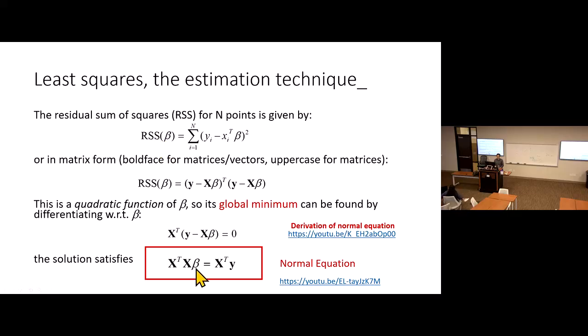You can move this part to the right side of the equation, and that's the solution of beta, which will give you the smallest RSS overall.